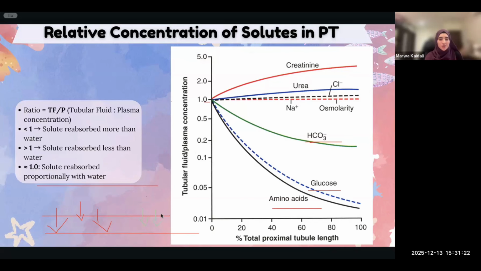Okay. Yeah, so the idea that I'm trying to get at here is that urea gets reabsorbed towards the end of the fluid. So when you look at the concentration of urea in the tubular fluid compared to the interstitium, you're going to see that it is still high. And sure, some of it was being reabsorbed, but essentially it's still higher than the interstitium. Does that make sense?